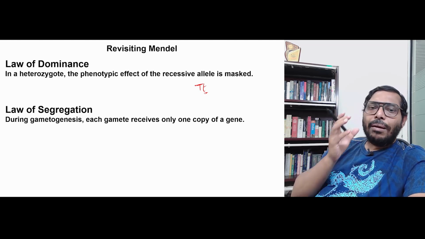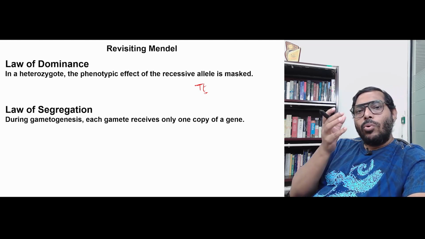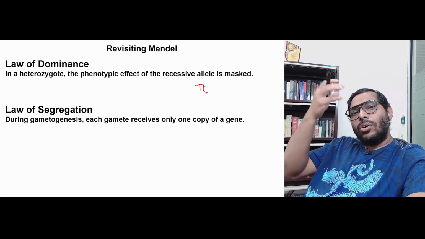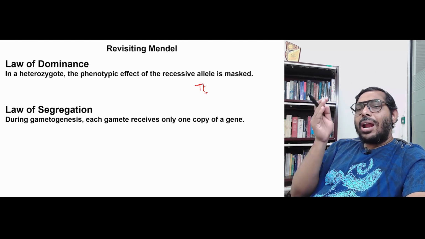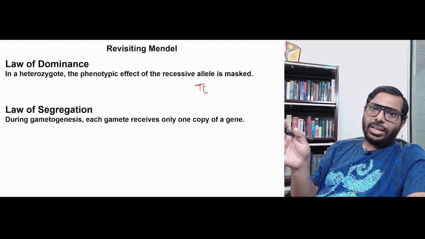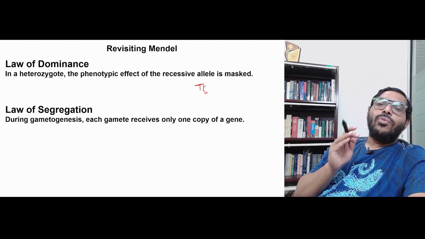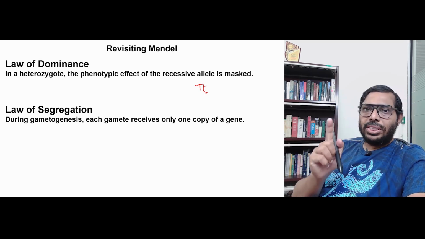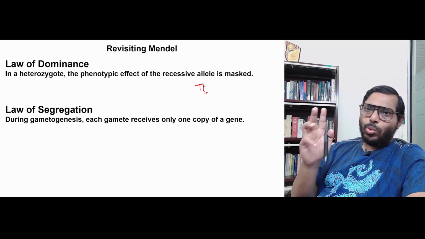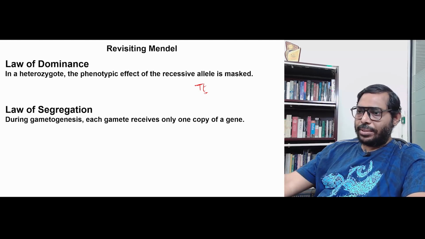So, each gamete actually has only 50% of the genes that the original organism had, and in the formation of the gamete, each gamete will get only 1 copy of the gene, whereas the parent would have had 2 copies, right. So, this is the law of segregation.